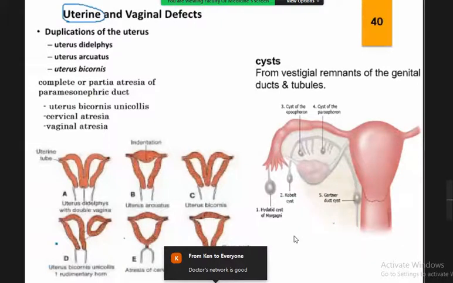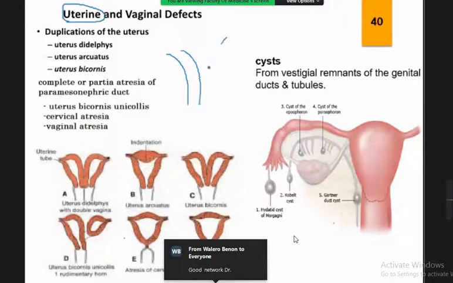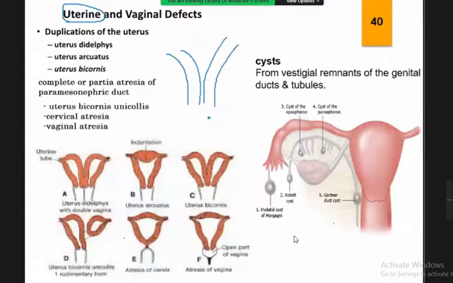It may be a failure of fusion, that as these two tubes came together, they didn't fuse to form the primordium. Or they may fuse, and since there were two, you would see a septum.